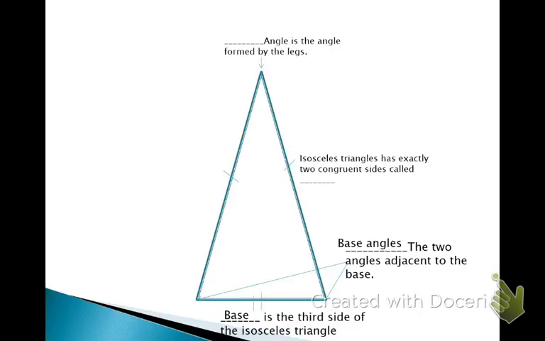The angles on either side of the base are the base angles. The two congruent sides are called legs. And the angle between the two congruent legs is called the vertex.